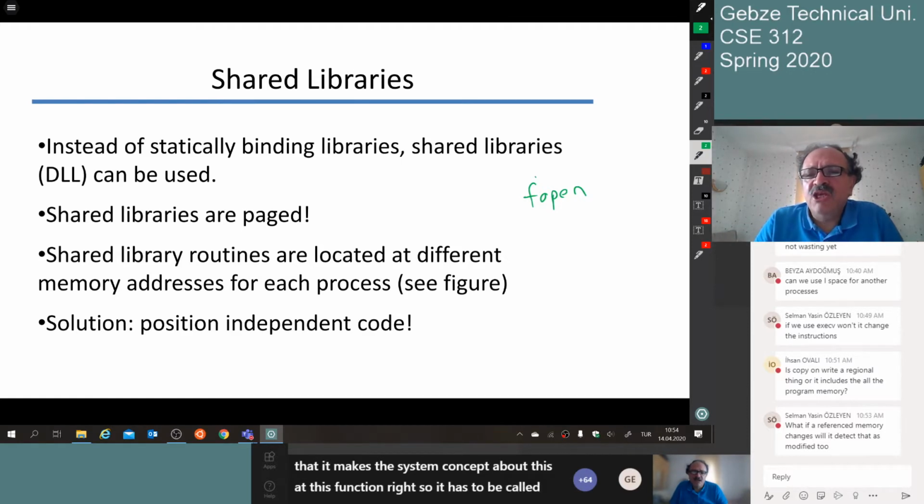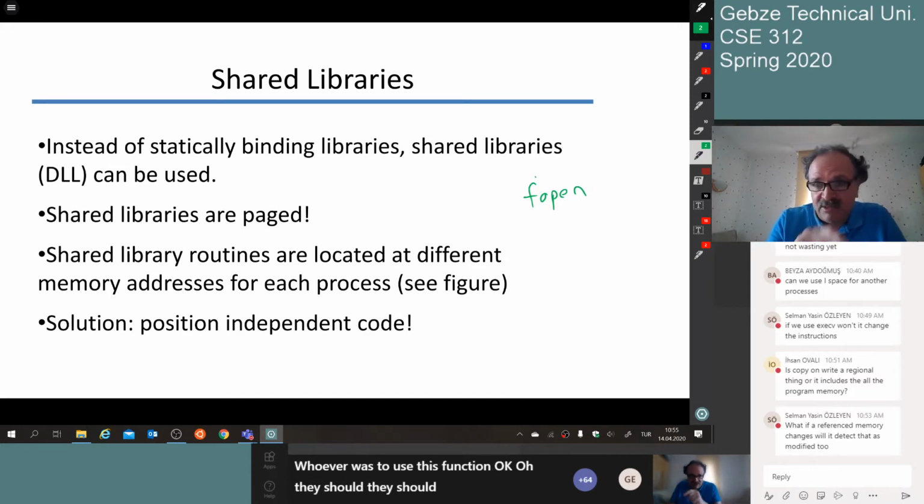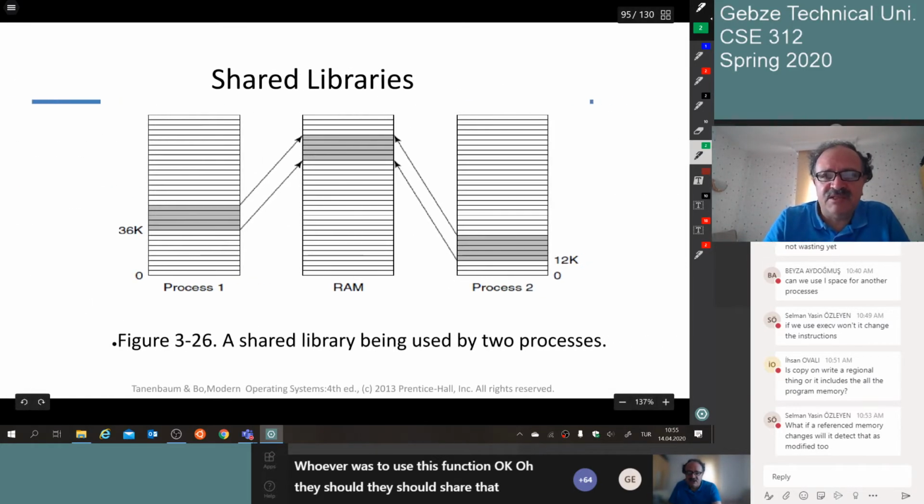If each program that calls fopen includes the fopen code in its own process instruction space, that would be a waste of memory. That's why they say let's make this a shared library. Whoever wants to use this function should share that library in their page tables. Here's an example.